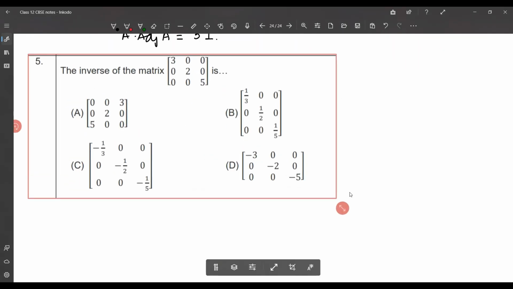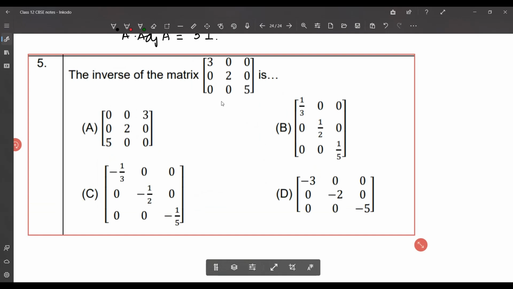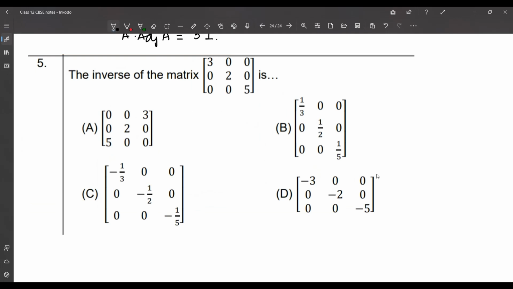Find the inverse of the matrix 3, 0, 0, 0, 2, 0, and 0, 0, 5. To find the inverse, we just have to multiply the matrix and its inverse to get the I matrix. So I'm going option by option. I'm going to multiply the matrix 3, 0, 0, 0, 2, 0, 0, 0, 5 with each of the options.